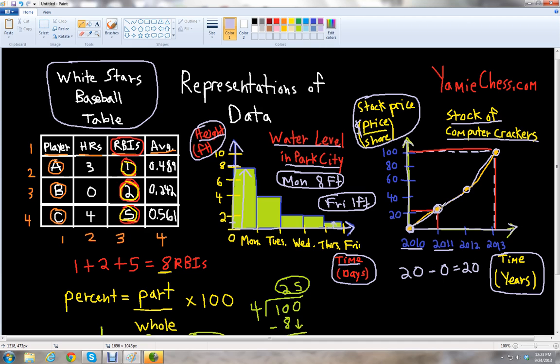And then we go from 2011 to 2012, and we see that 2012 is kind of in the middle between 40, 50, 60, so about 50. And then we know 2011 is 20, so 50 minus 20 is 30.